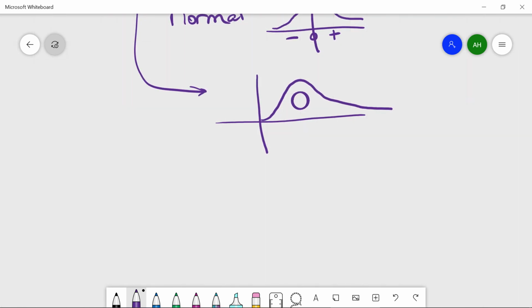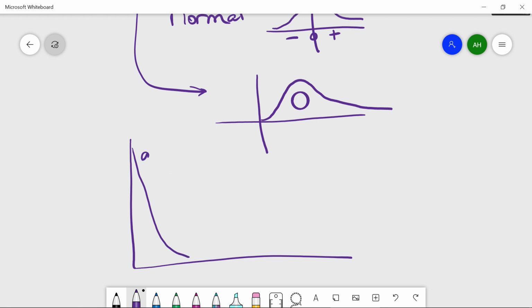Remember our z-curves were single curves. The chi-square is going to be like the t-curve. It's going to be a family of curves, and the curve that you choose is going to depend upon the degrees of freedom. If you look down at the bottom of page 344, you'll see that idea of the family of curves. I could have a curve like this with 1 degree of freedom.